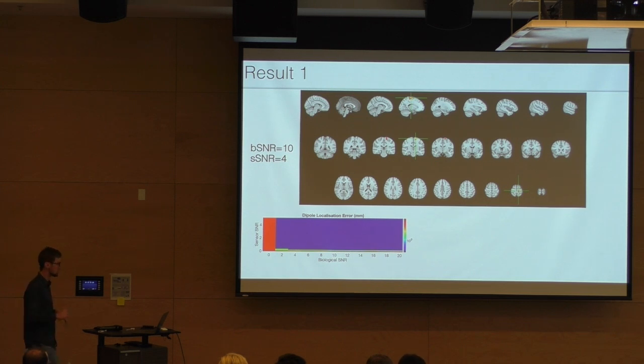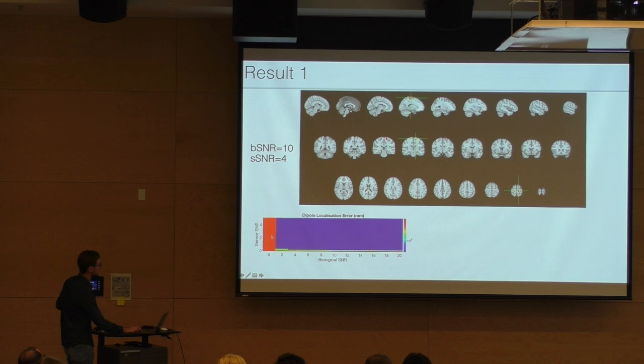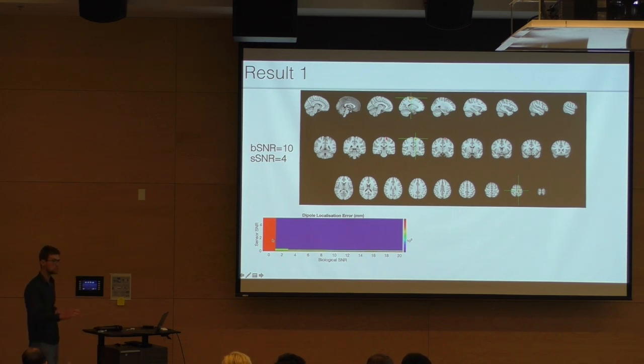What you can see is that for superficial sources at least, the gradient is much stronger this way, which basically means you're more sensitive to biological noise rather than sensor level noise. So you need your source to be strong in source space.